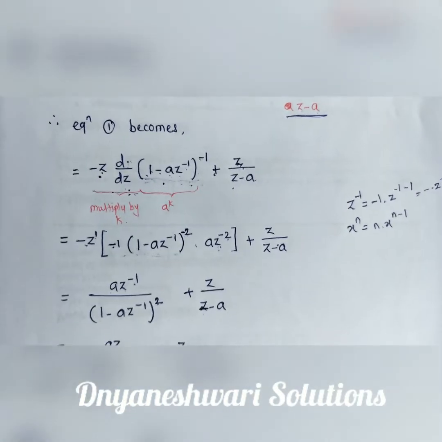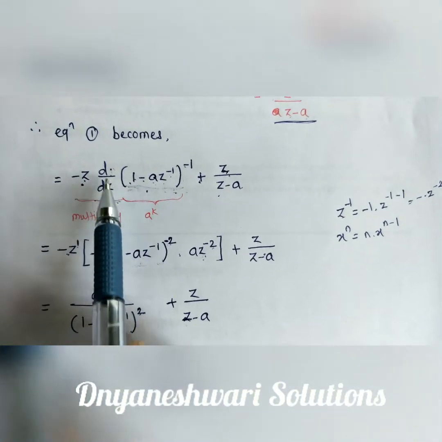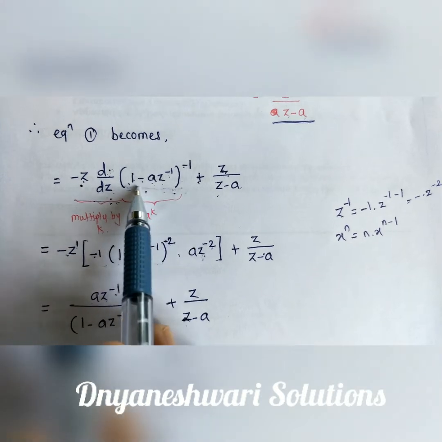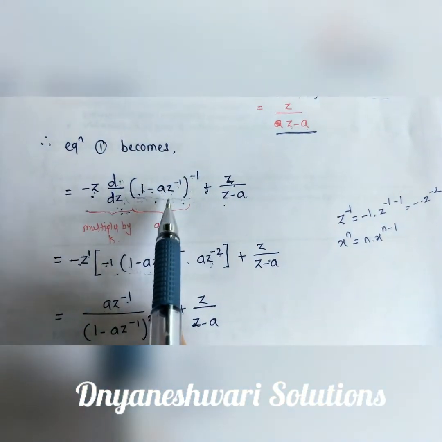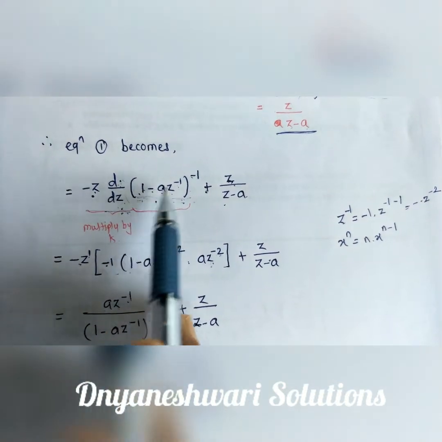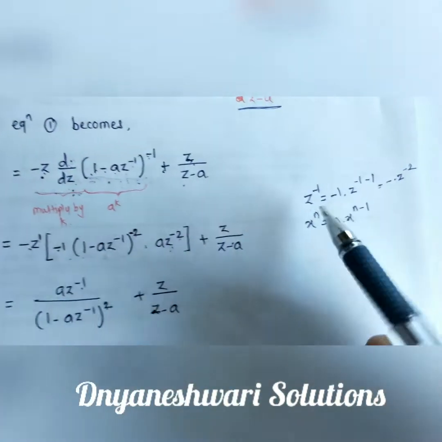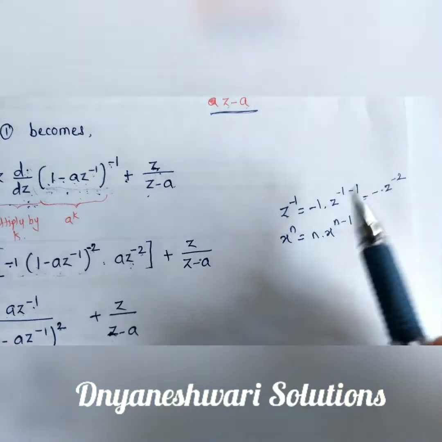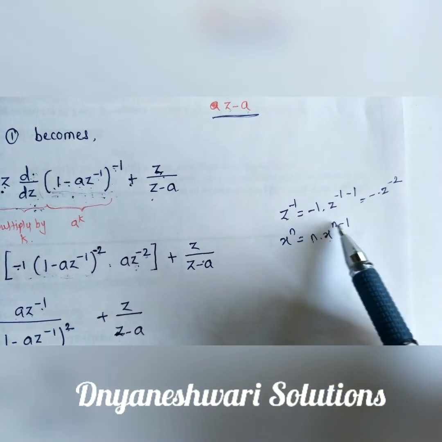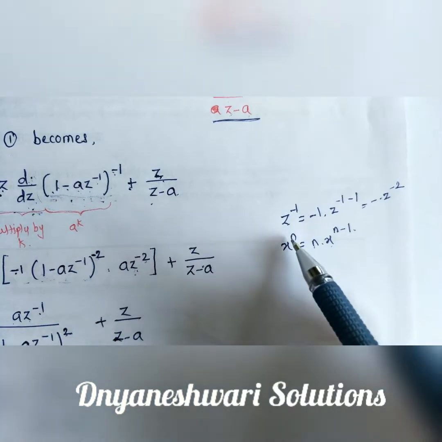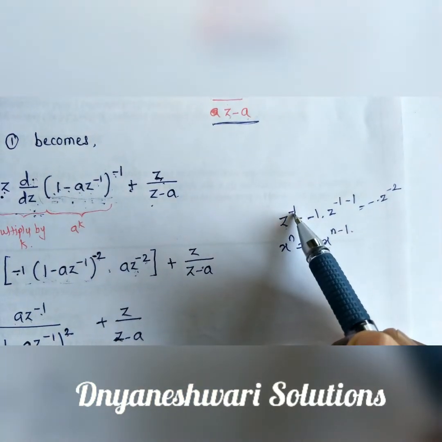How do we solve further? Find derivatives of this term. Treat this term as z and find derivatives of z raised to minus 1. How do we find derivatives? Use the formula: derivative of x raised to n is n x raised to n minus 1. So our example is z raised to minus 1.